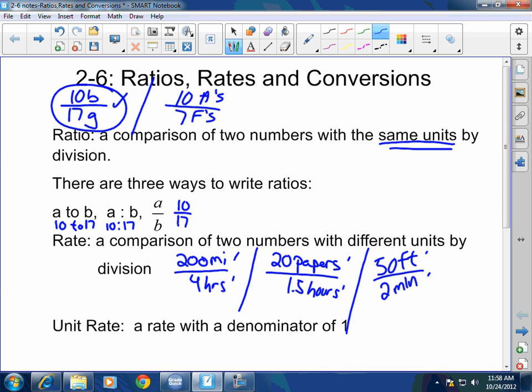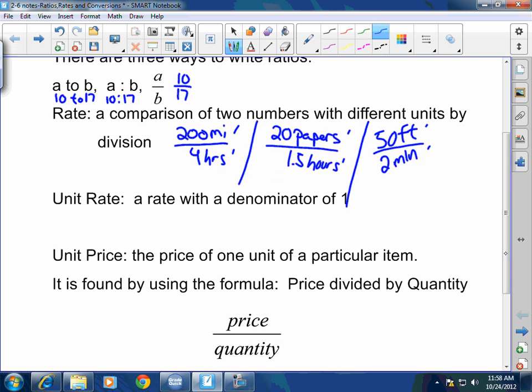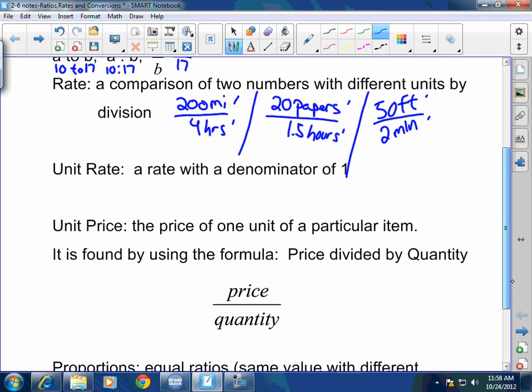Now, unit rate. A unit rate is a rate with a denominator of 1. It's very simple. For example, what if I tell you, in the summer I traveled 500 miles in, let's say, 10 hours. I want to know my average speed.